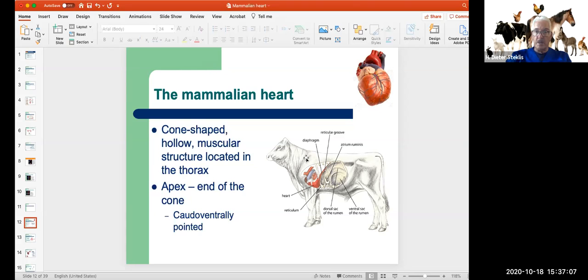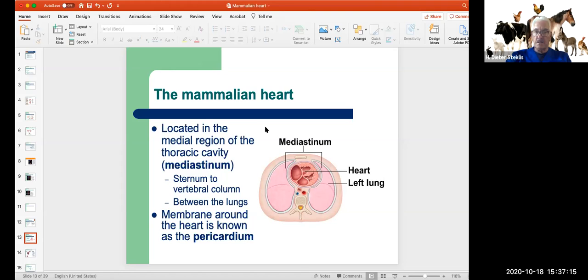But let me come around to that in just another couple of slides. I want to just stick with the location of the heart for a second.